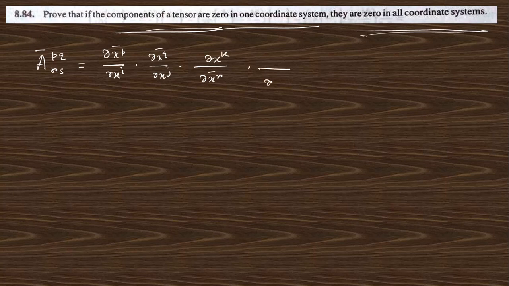So in the coordinate transformation, if you take a fourth order tensor, you can write this like that, del x q bar del x j and del x r bar del x k del x s bar del x m, this is a i j k m. So you can see if this is 0, then obviously this becomes 0.